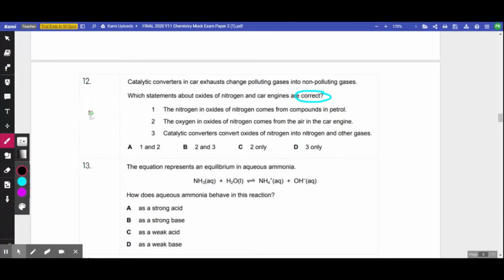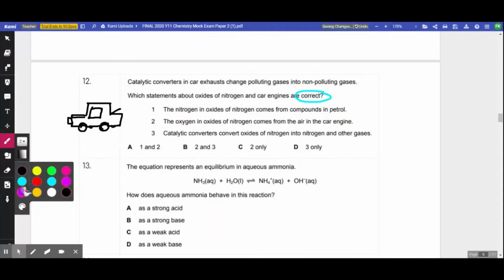It is factual information. So here is a not very good representation of a car, with the headlights, the bonnet and the boot. It all seems to be happening in the car engine itself.